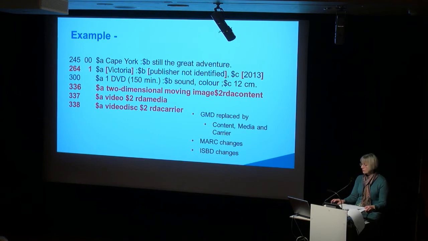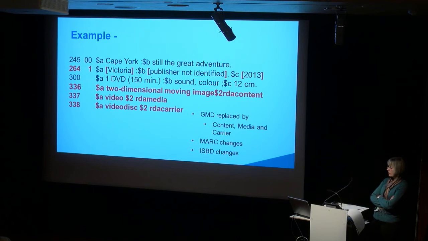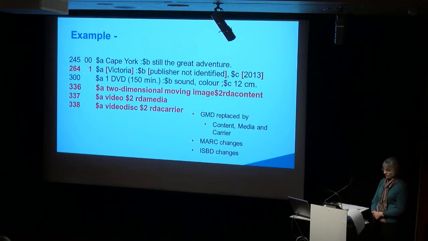One of the things is in the publication statement, where we used to encode information, and we'd do the brackets at the beginning of the A and at the end of the C, we now enclose them in brackets in each individual element.